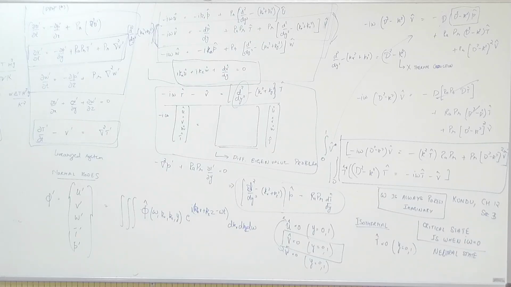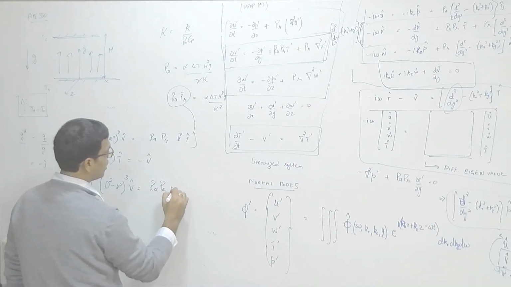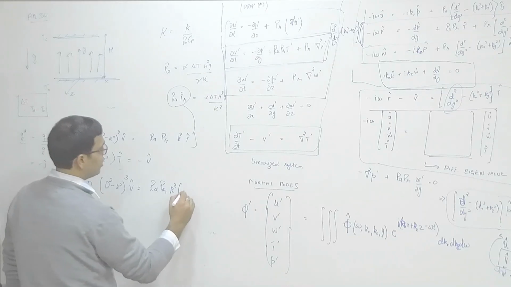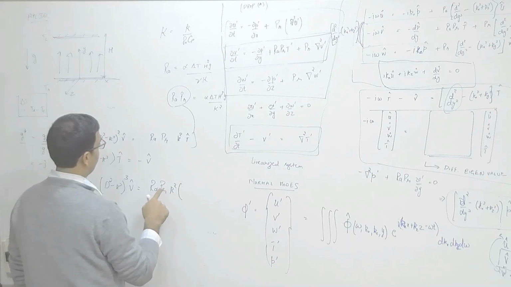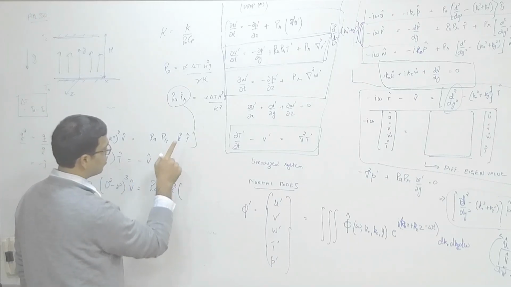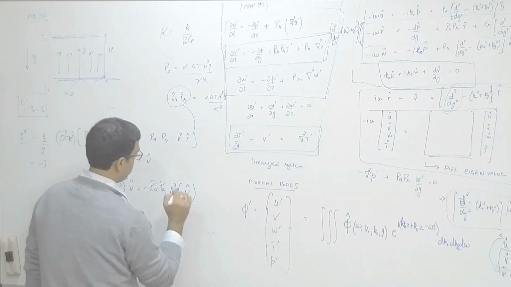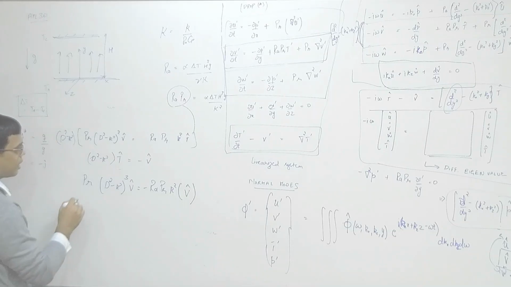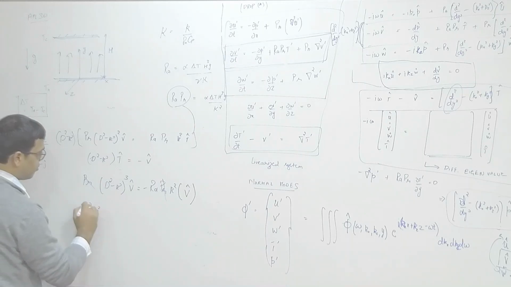What do we get? Prandtl number into d2 minus k square whole cube v hat equals Ra Pr k square into d2 minus k square of t hat, which becomes minus of v hat. Prandtl number cancels out and then you are left with the system.